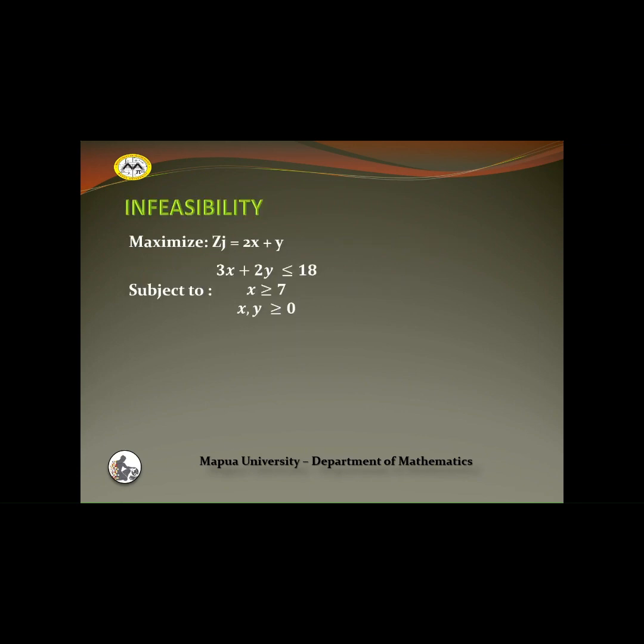For the next case, which is infeasibility, this time we have to maximize Z, which is equal to x plus y, with given constraints 3x plus 2y less than or equal to 18, and x greater than or equal to 7, and we also have to consider the non-negativity constraints here.